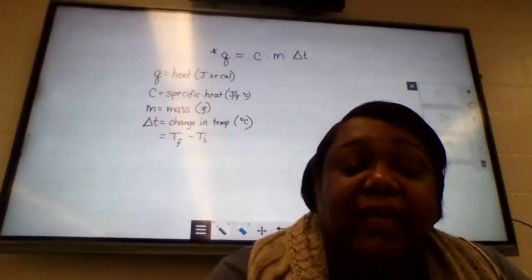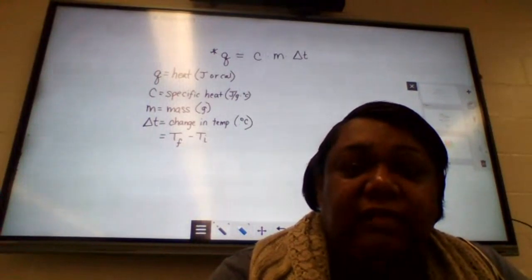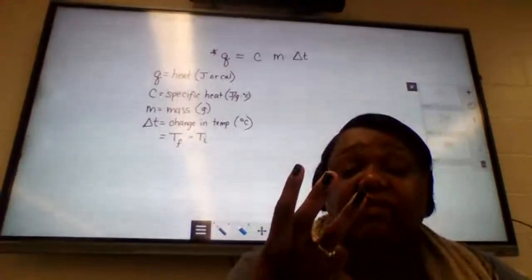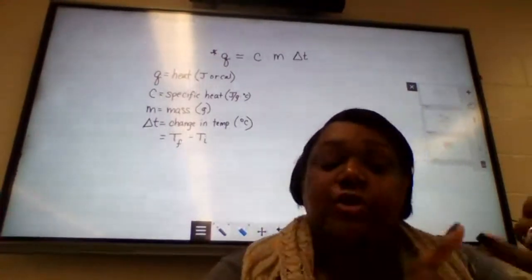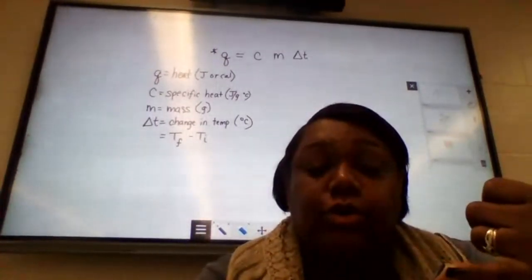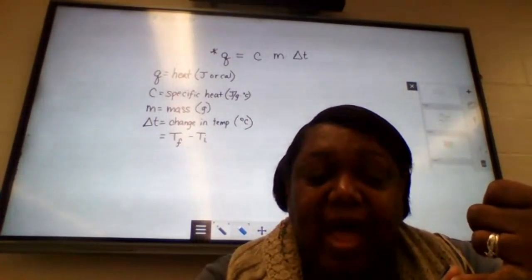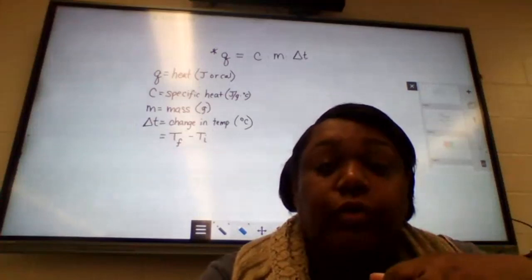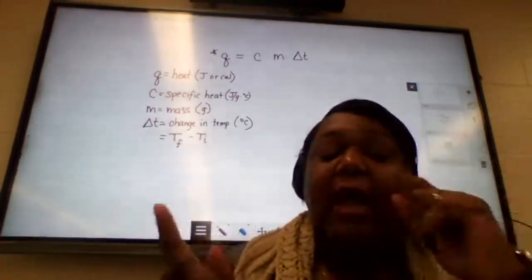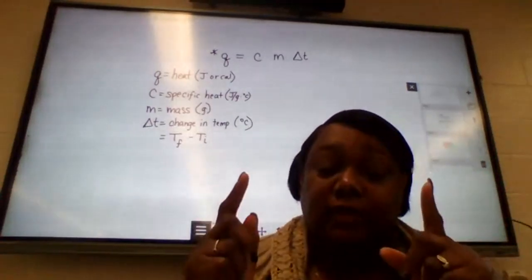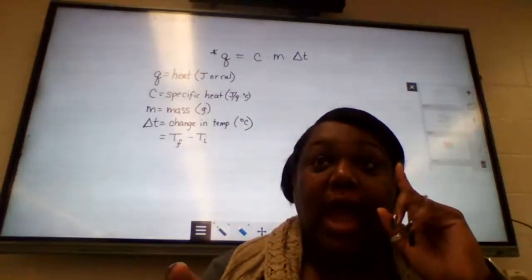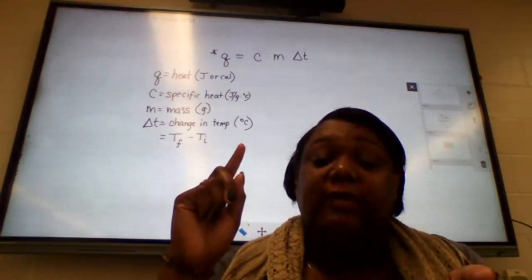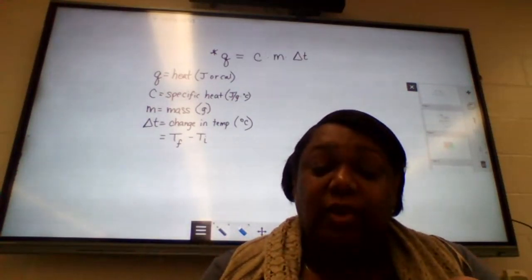So like if they gave you ice that was at -5 degrees Celsius and you were going to liquid water at 20 degrees Celsius, you would actually have to do 3 problems. You have to do one problem where you go from ice at -5 to ice at 0. Then you have to do a problem where you consider the phase change, how much energy is required for that phase change from solid water at 0 to liquid water at 0.